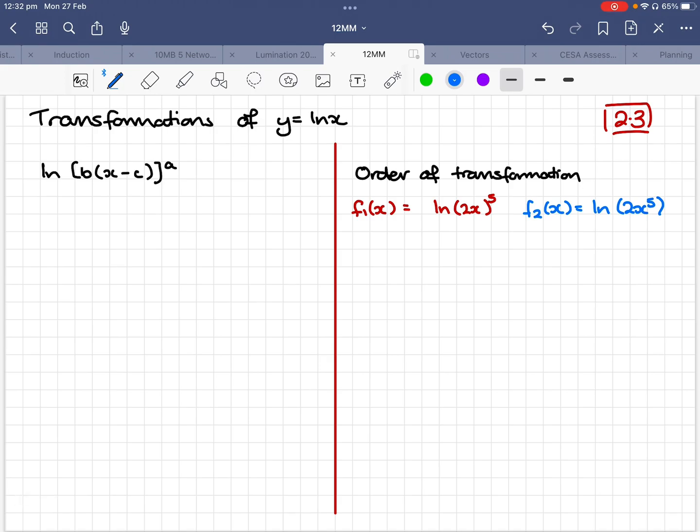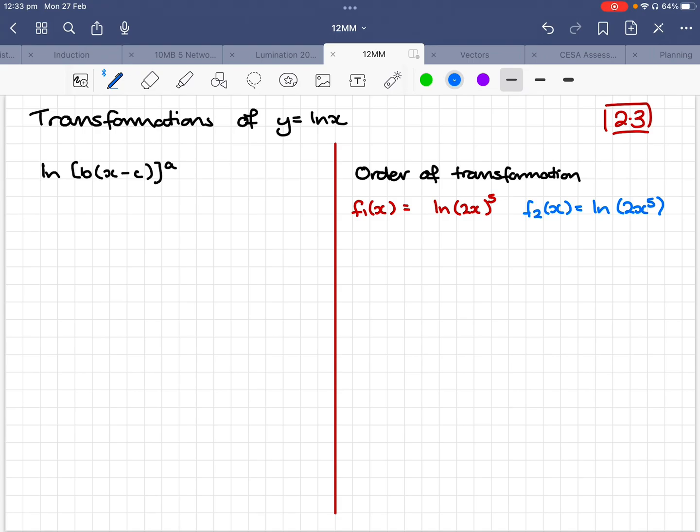So let's start to now unpack this in the context of the graph of y is equal to ln of x. When we look at this particular equation here, we've got a few parameters. It looks kind of like what we were just looking at, but there's no D parameter. Ln does a couple of interesting things. Let's actually do some manipulation here using the log laws.